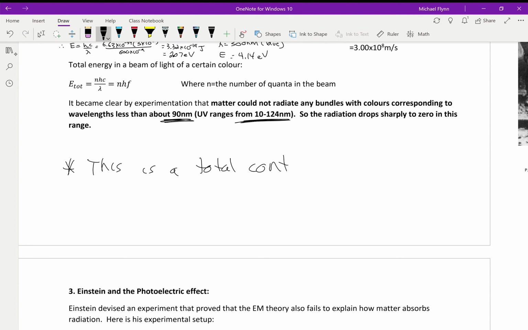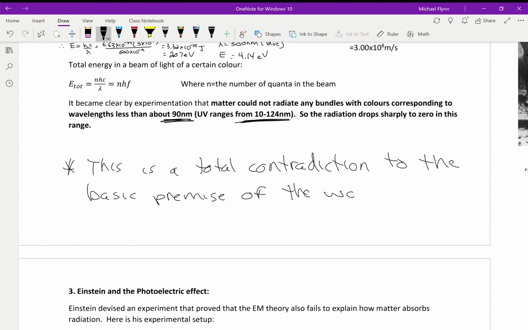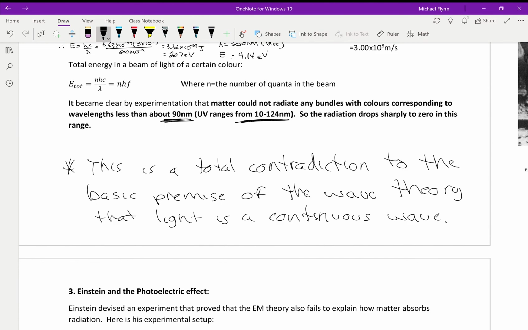This is a total contradiction to the basic premise of the wave theory, that light is a continuous wave. Planck is not talking about waves.